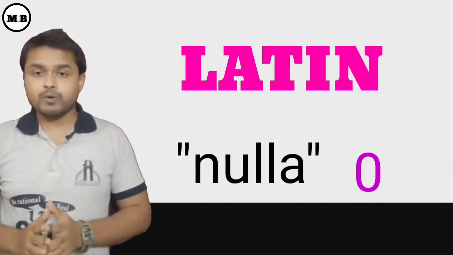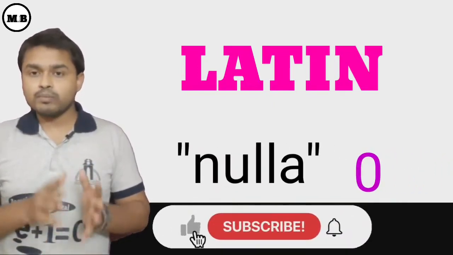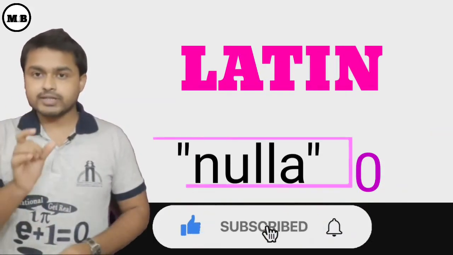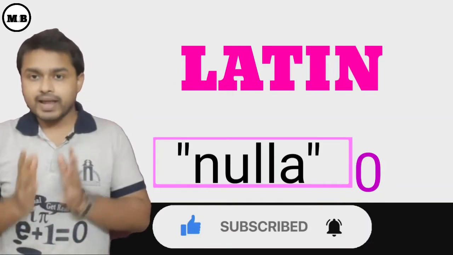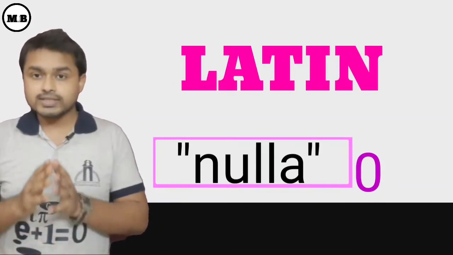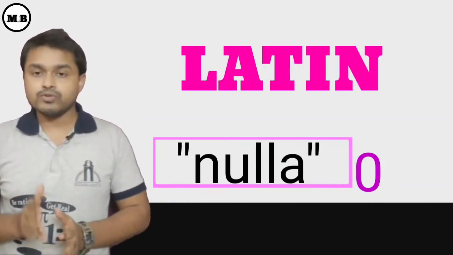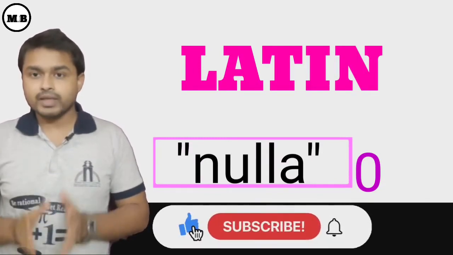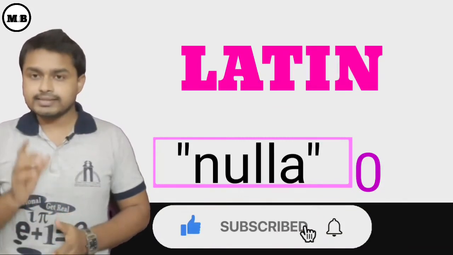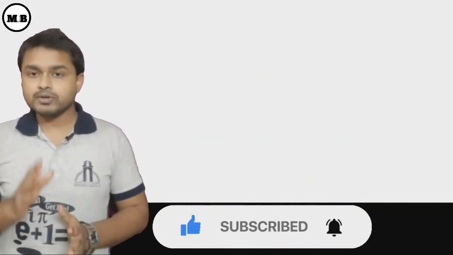So it is quite possible that the Romans used this particular word nulla in the form of 0 or in place of 0. Okay, so this is the complete scenario for the answer of what is the symbol of 0 in the Roman numeral system. I hope you got the point.